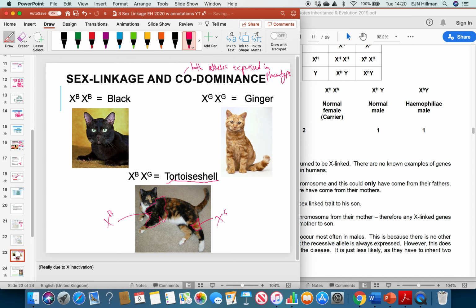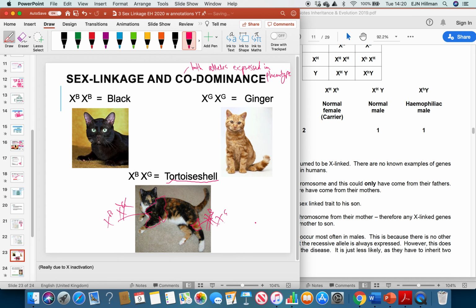The cells activate one of the alleles, or in fact, they inactivate the other allele. So here, the G allele for ginger has been inactivated. Here, the allele for B has been inactivated.